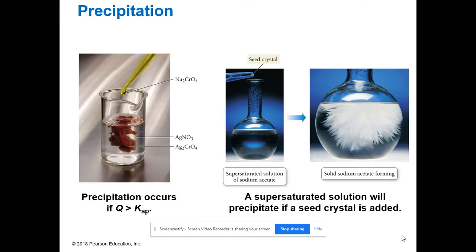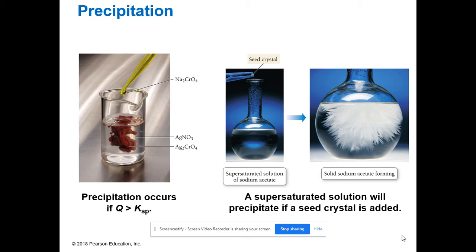So here on the left, there is a solution of silver nitrate. If they add some sodium chromate to this, you will end up getting a precipitate. So in this case, we know that our Q is greater than our KSP because we have a precipitate.